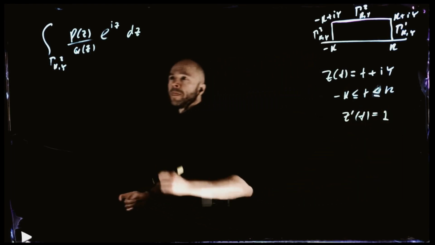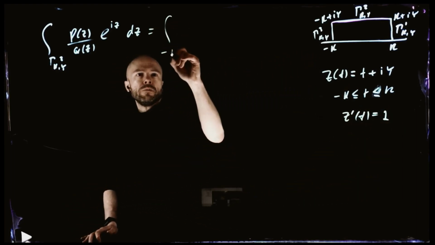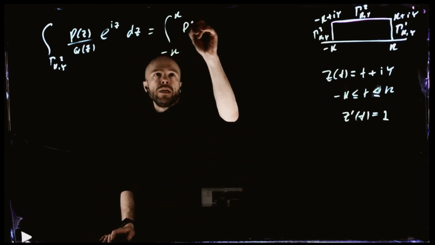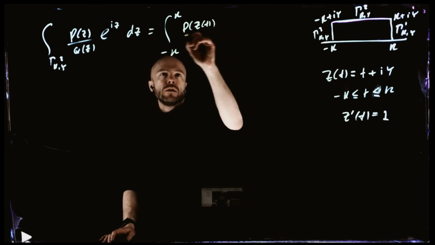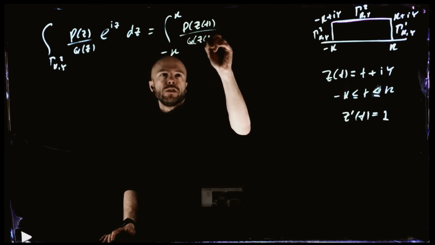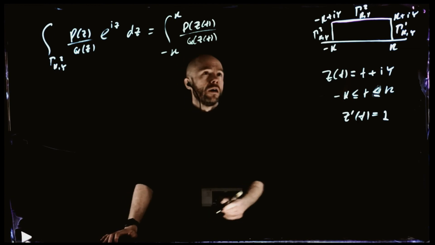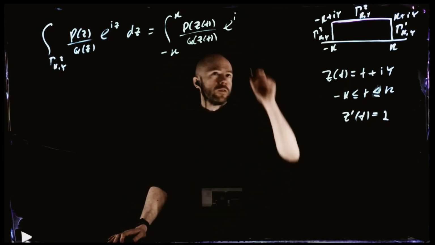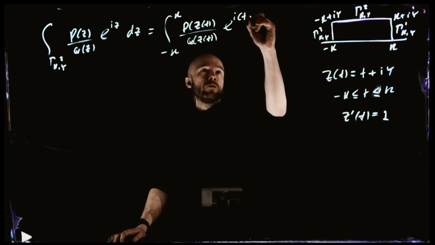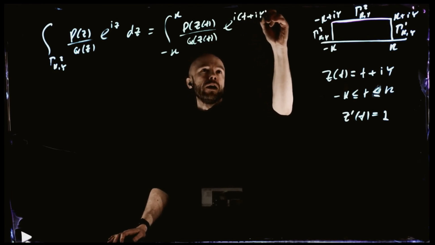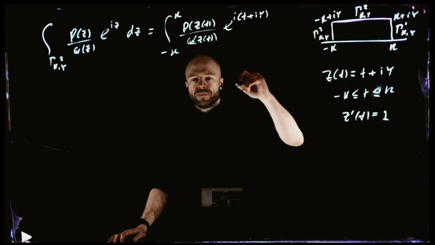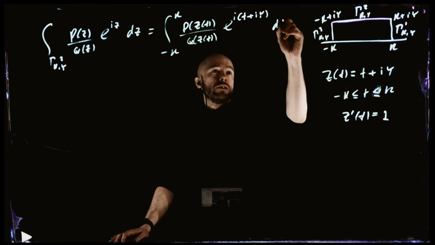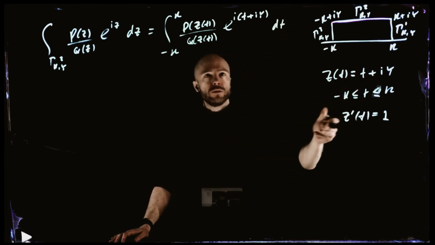It's just 1. So then this thing is the integral from minus r to r, and we have p of z of t over q of z of t, like this. And then we have e to the i, and then we put in the specific form of the parameterization, t plus iy, like this. And then the dz is just dt because z prime is just 1.